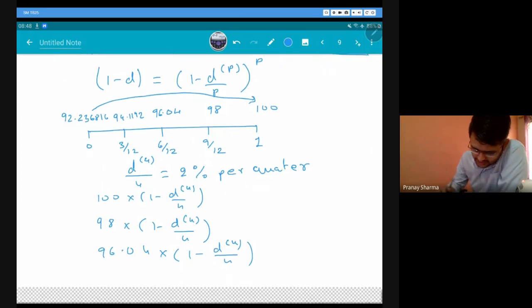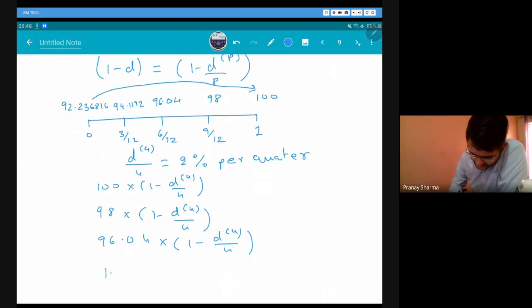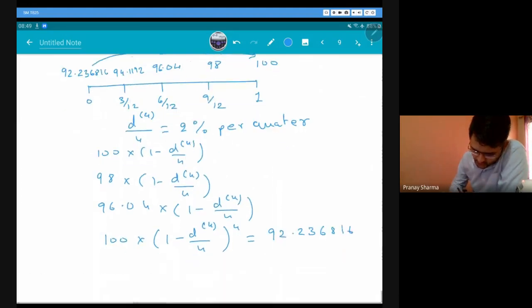So I can say this 100 rupees, if I discount it for 4 quarters, 1 minus d4 by 4 raised to 4, gave me 92.236816. And also if I discount it for 1 year with an equivalent rate, I should get the same value.